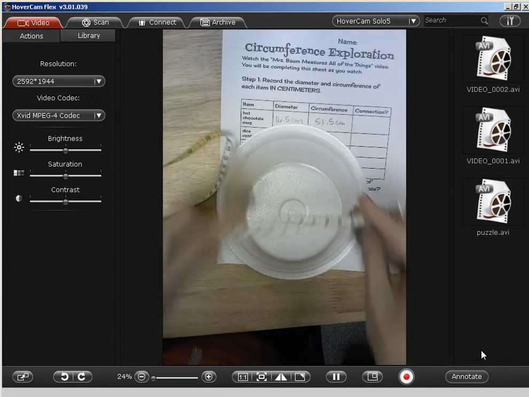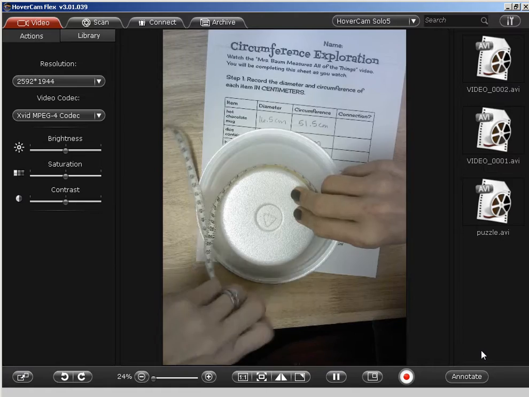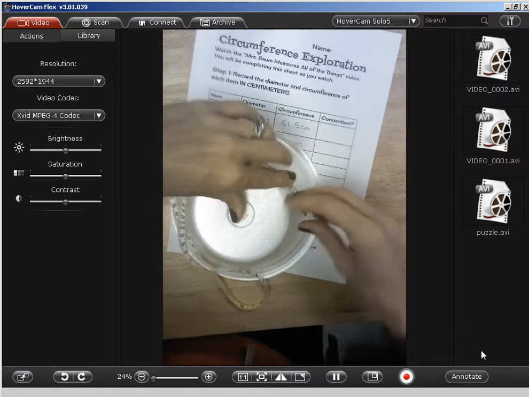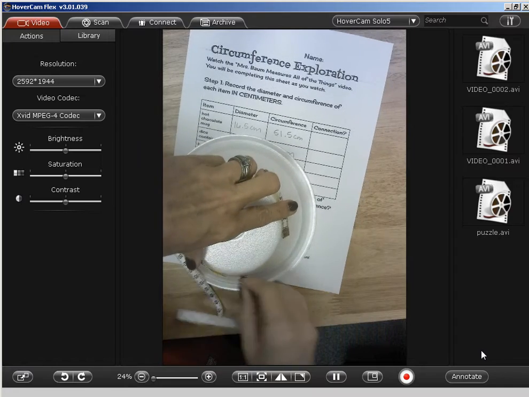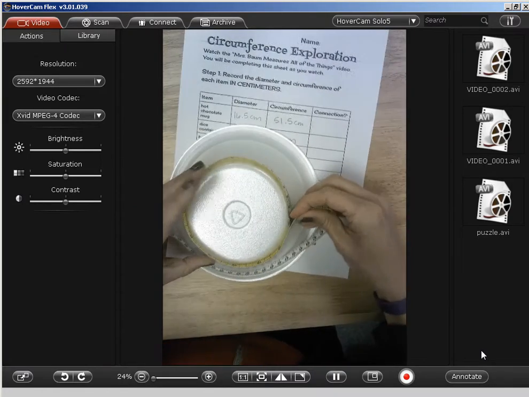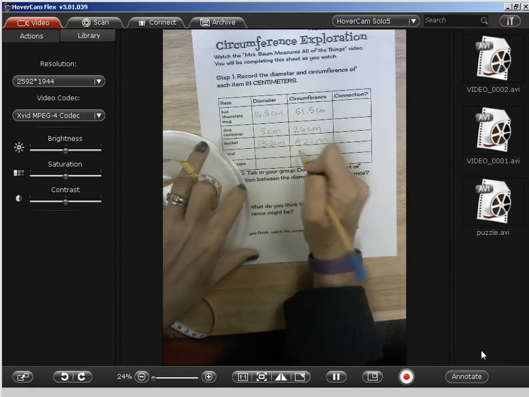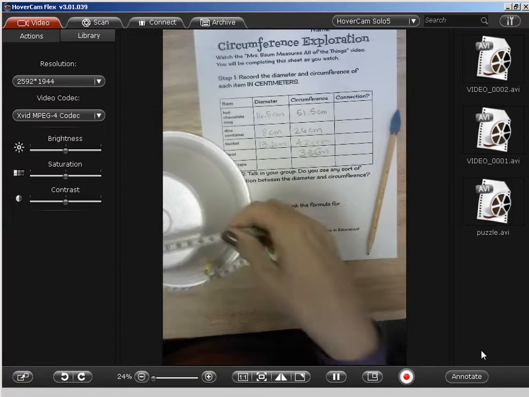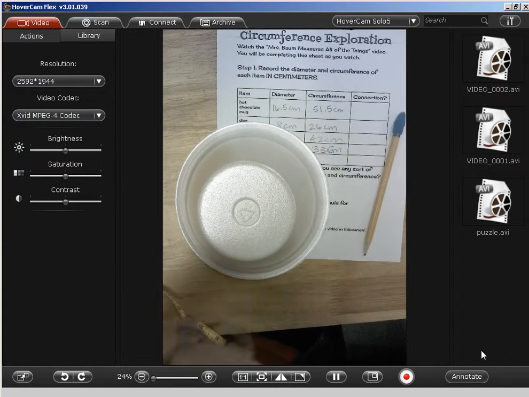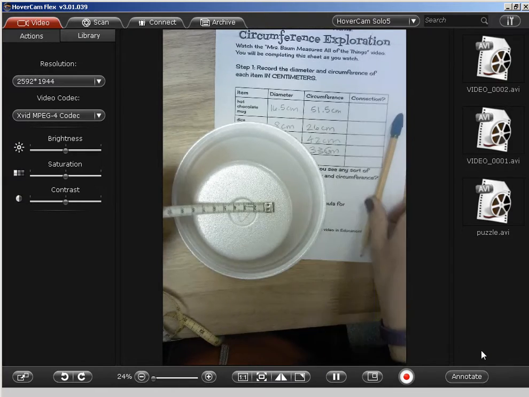Yeah, I give up. Okay, so we know this is not going to be super duper exact, but we're going to do our best with it. So that looks like it's about 33. And then the diameter is 10.